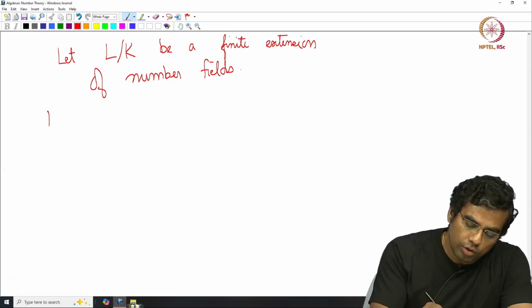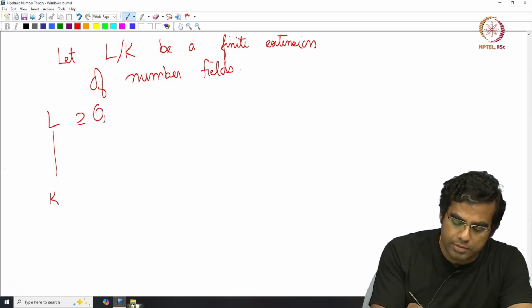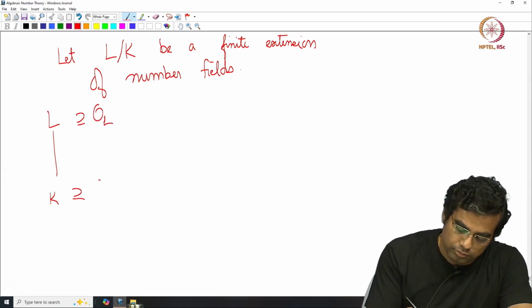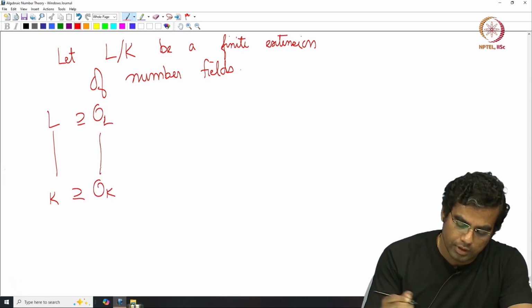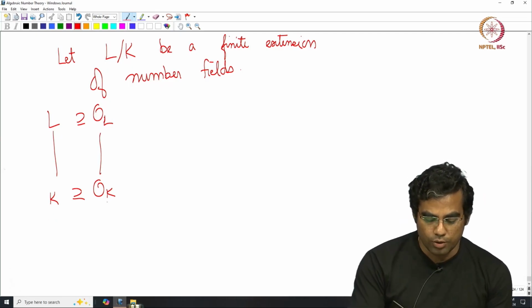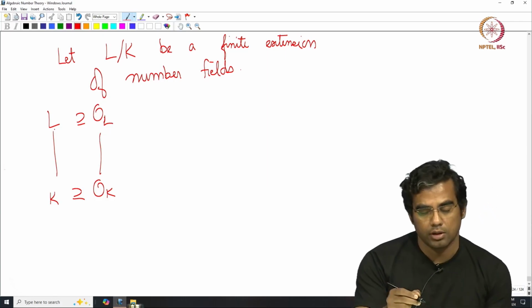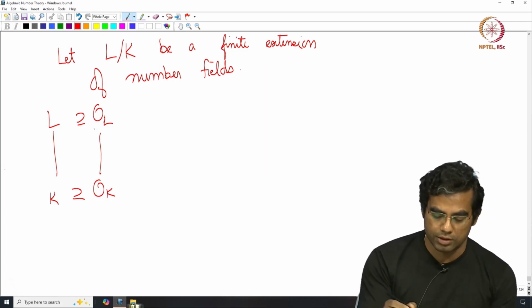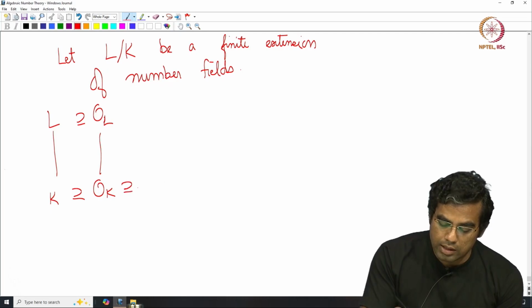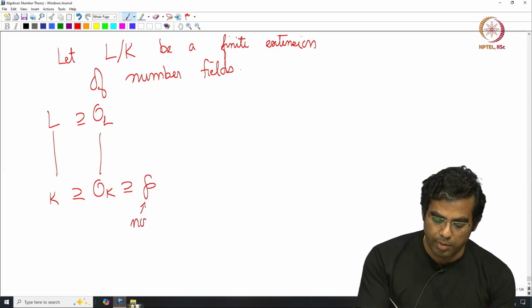So, it is good to draw a diagram like this, and I will keep drawing such diagrams again and again throughout. Okay. So, K is my number field, and then OK is the ring of integers in that, L is my number field, and OL is my ring of integers in that, and then I have a prime ideal P here. So, this is a non-zero prime ideal.